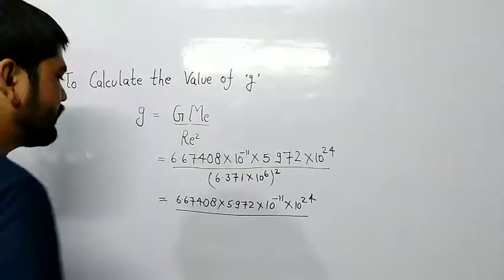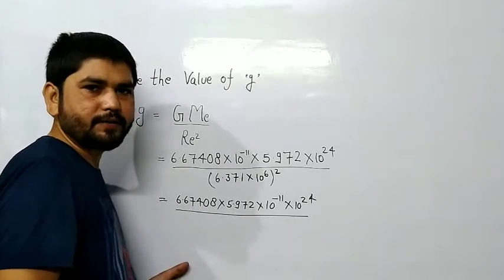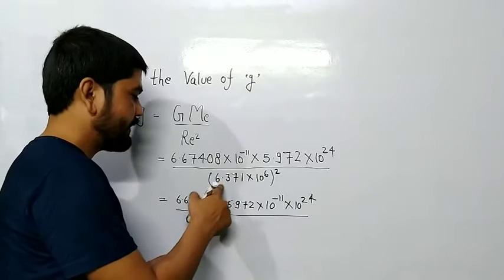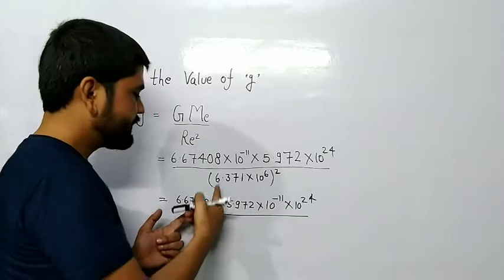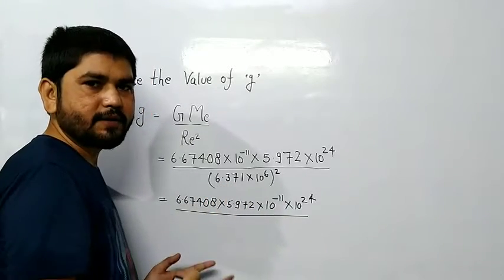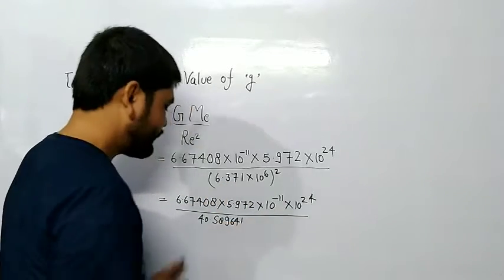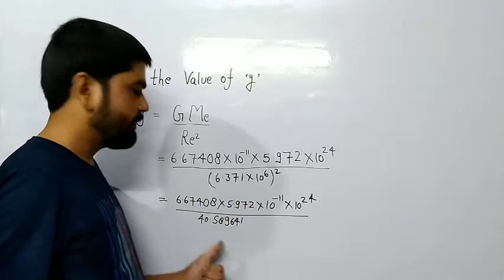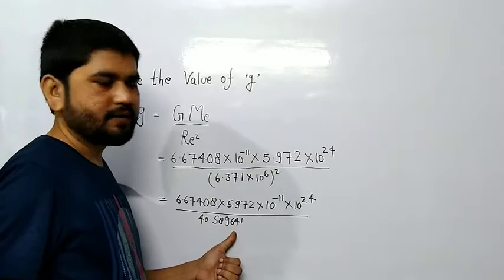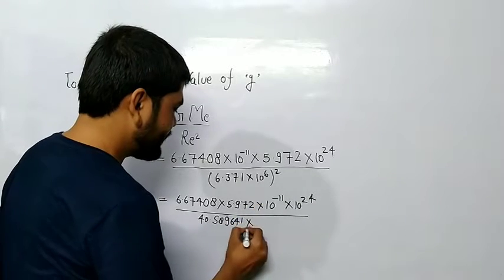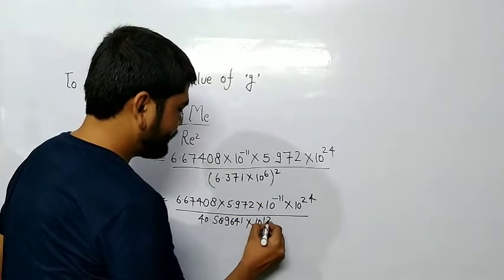Okay, guys. So now we will find the square of 6.371, because it is R E square. The square of 6.371, that you will find, will come 40.58964, and 10 to the power 6 squared is 10 to the power 12.